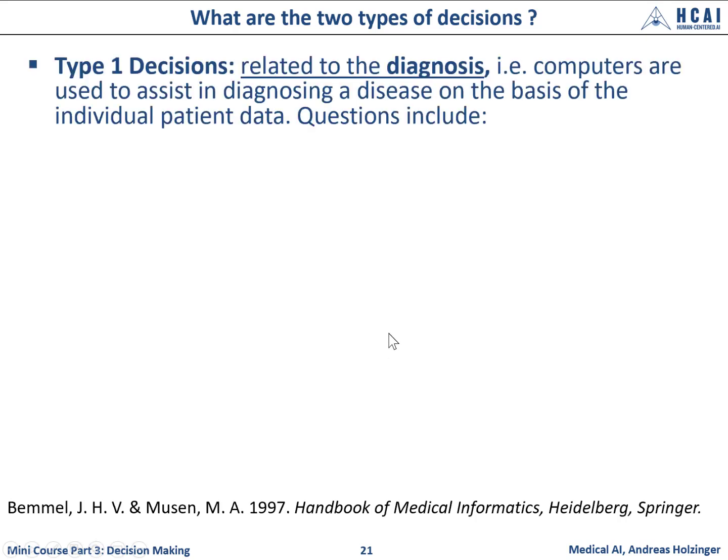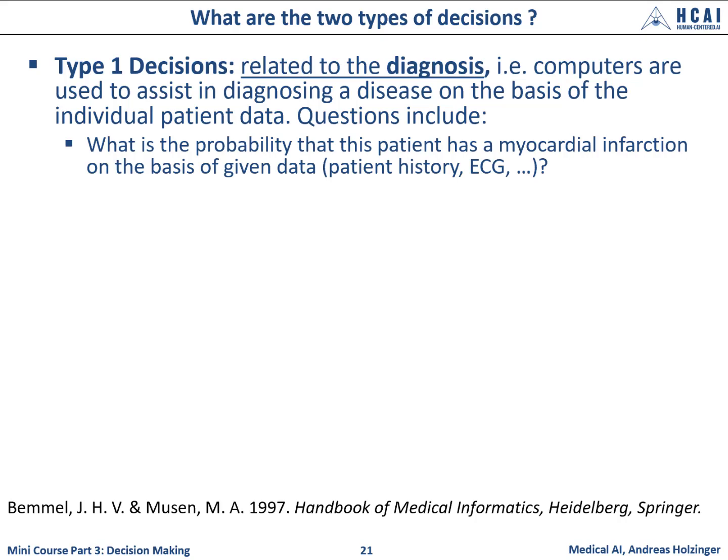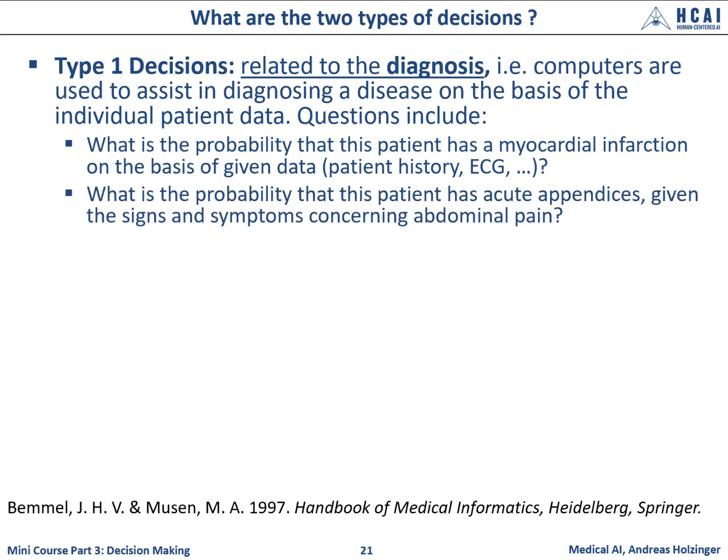You have type 1 decisions. These are related to the diagnosis. That means computers are used to assist in diagnosing a disease on the basis of individual patient data. Typical questions include: what is the probability that this patient has a myocardial infarction on the basis of the given data, patient history, ECG, and so on?